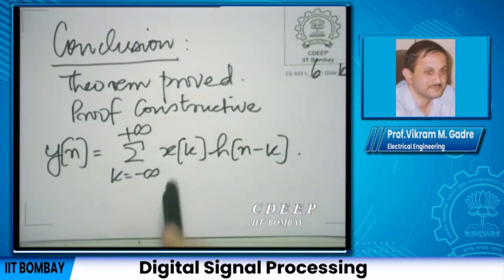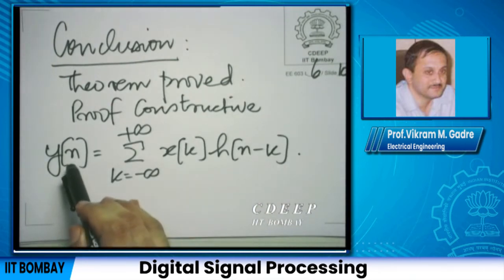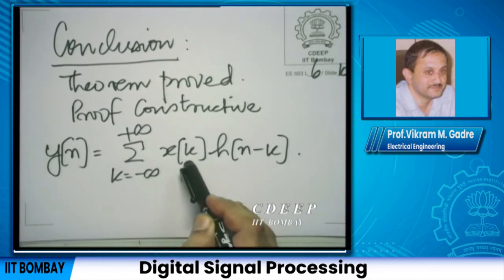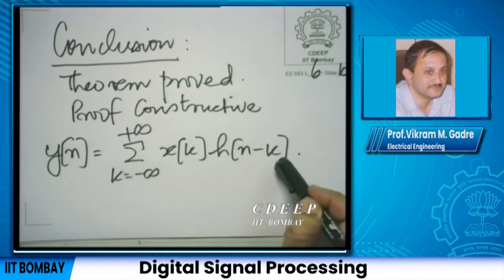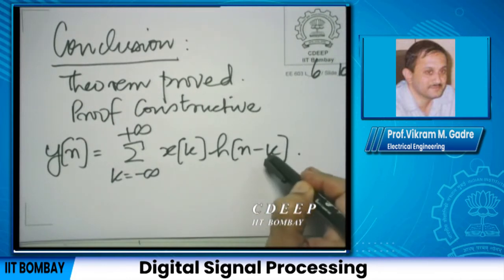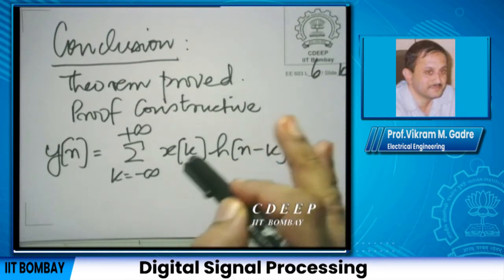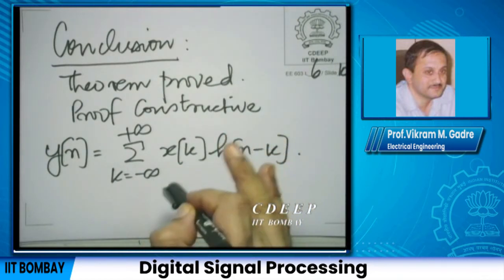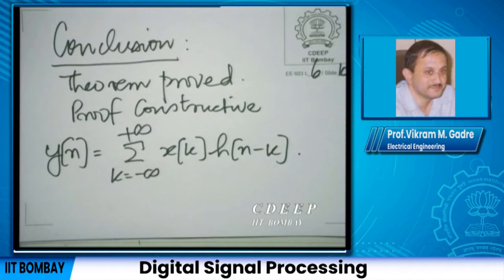And when we write it like this, the interpretation is very easy. What we are saying here is, essentially the output is a linear combination of several shifted versions of the impulse response. The impulse response shifted by k samples, weighted by the input sample at the point k, and then added over all such k. That is what the output is.